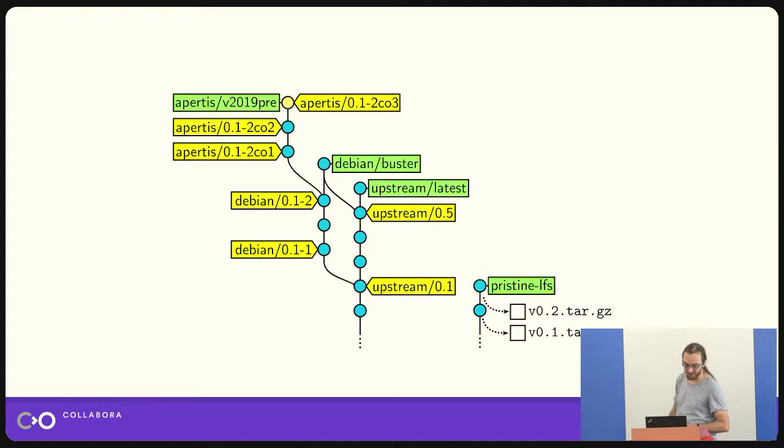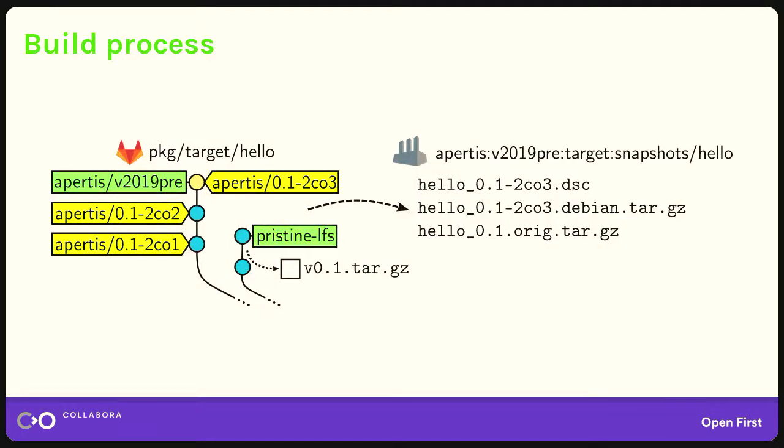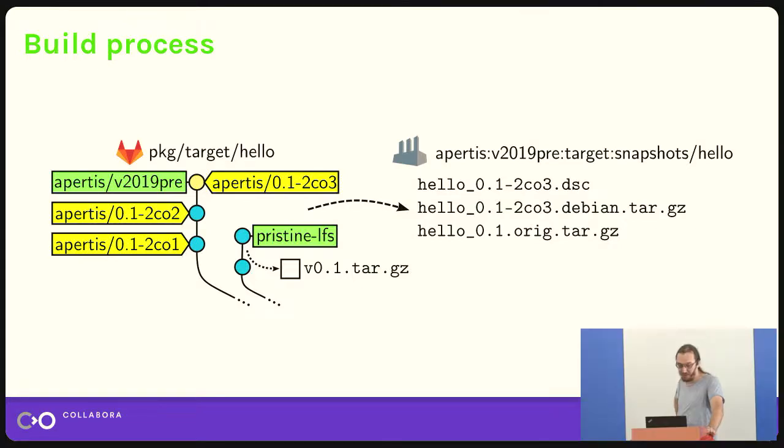So this is more or less how it looks. We just have a branch with tarballs and the normal git-buildpackage compatible branches next to them. And the same machinery generates the source packages from the Git branches and checks out the tarball from pristine-lfs and uploads it to OBS, where packages get built normally.